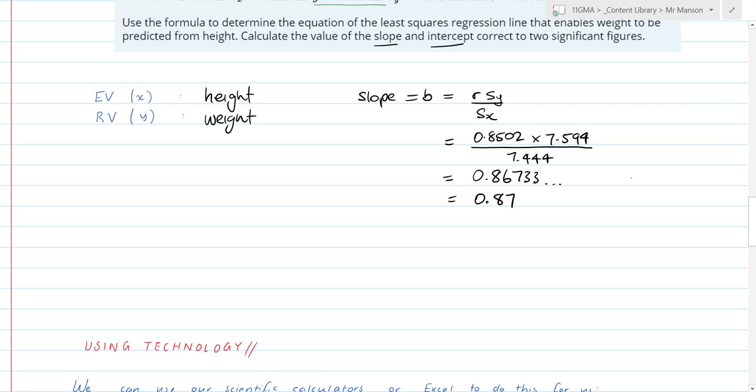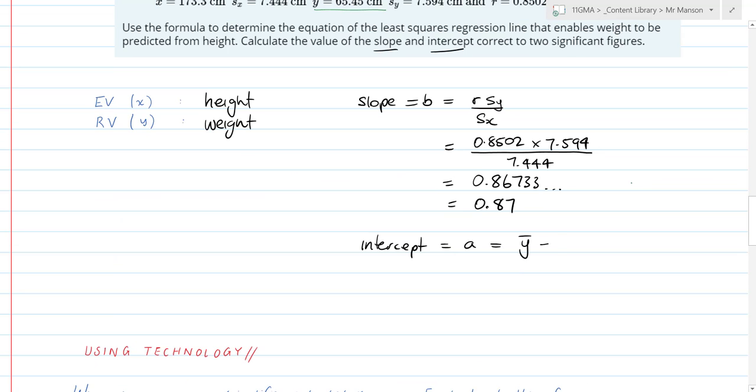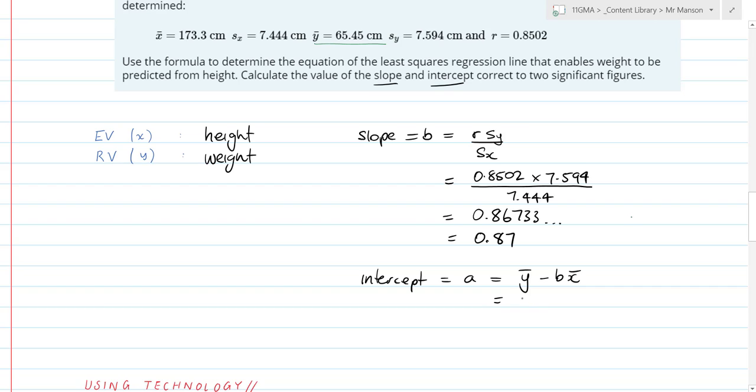So my intercept, which equals A, is equal to Y bar. I'll have to remind myself, is it minus? Yep. Minus B X bar. So in this case, that's equal to 65.45 minus 0.86733 times X bar, which is 173.3.